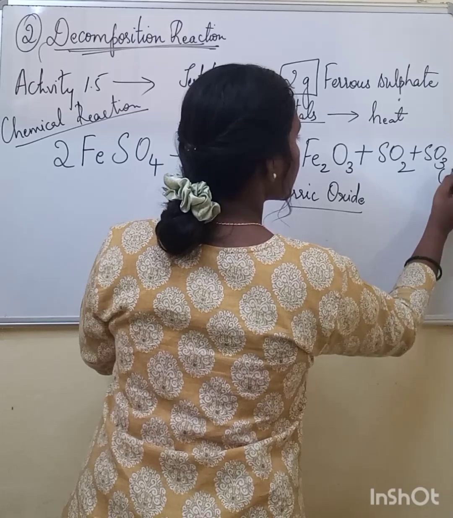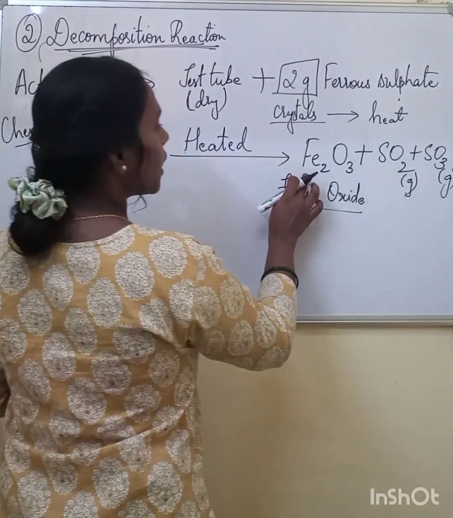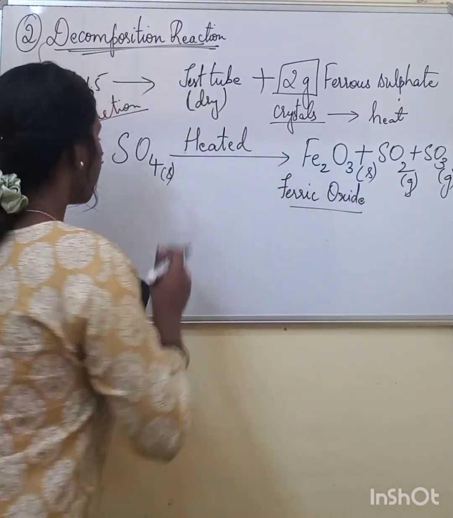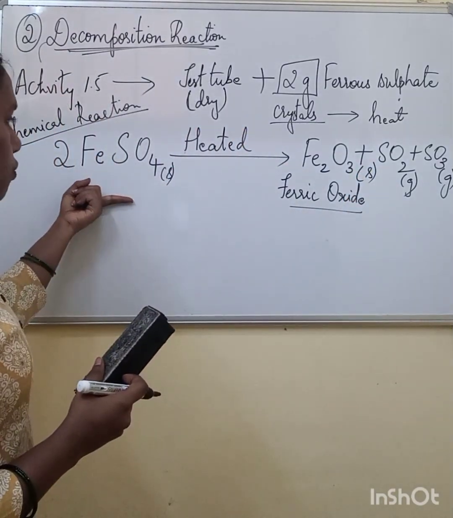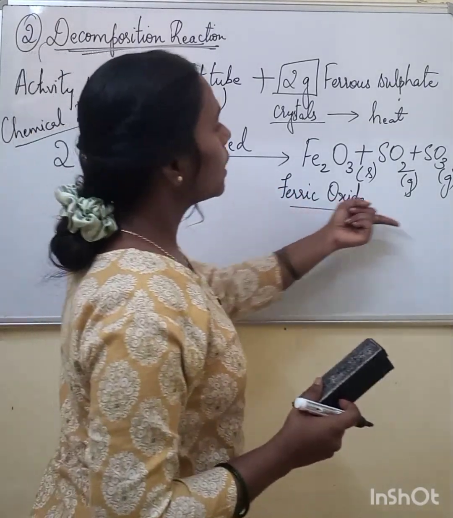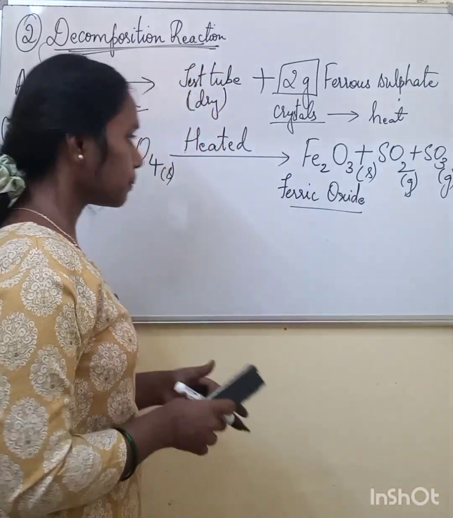SO3 is gas, SO2 is gas, so they will evaporate. Fe2O3 is solid. FeSO4 is also solid. They are crystals, right? So FeSO4 on heating we get Fe2O3, that is ferric oxide, along with 2 types of gases, that is SO2 and SO3.